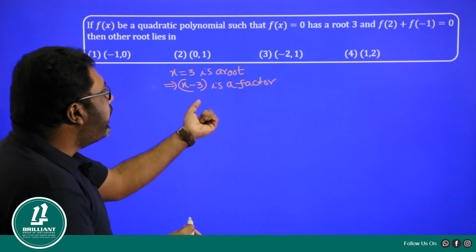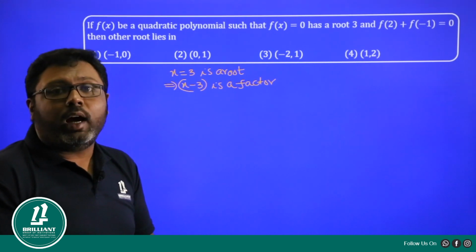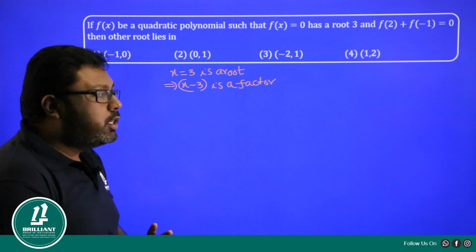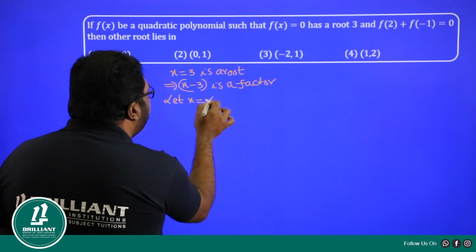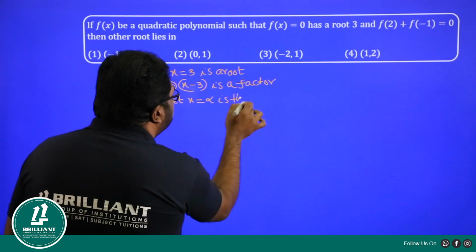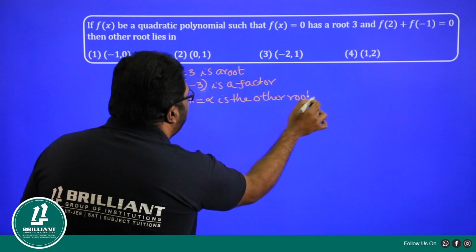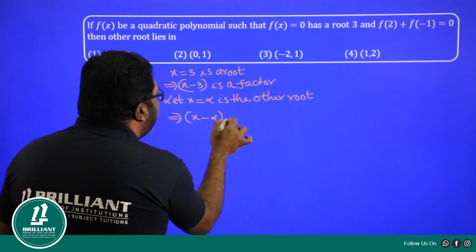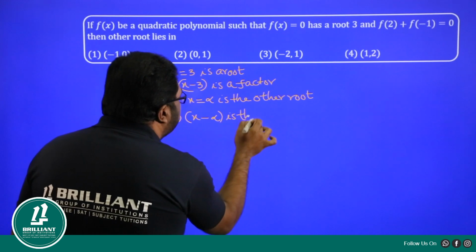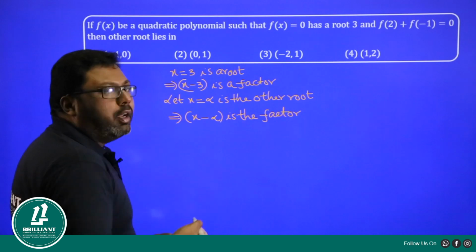So if one factor is available, they are asking you to find the other root. So let us assume x is equal to alpha is the other root. So if x is equal to alpha is the other root, what is the factor over here? x minus alpha is the factor.